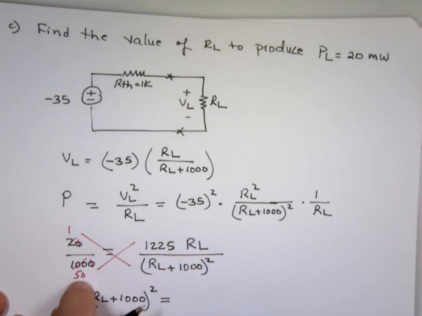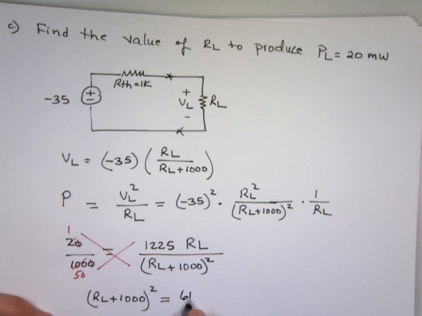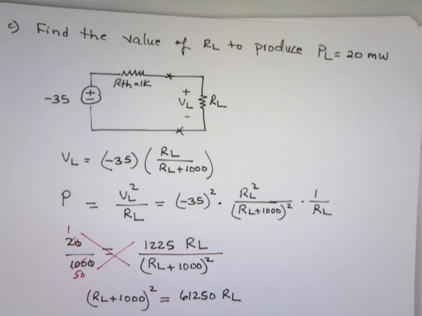50 times 1225, 61250 R sub L. And now we have a quadratic equation.